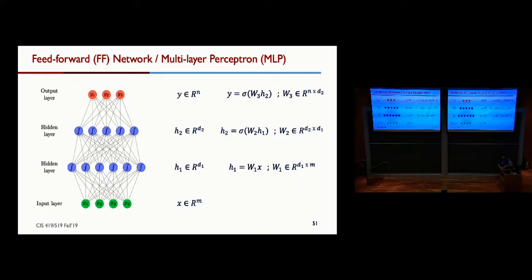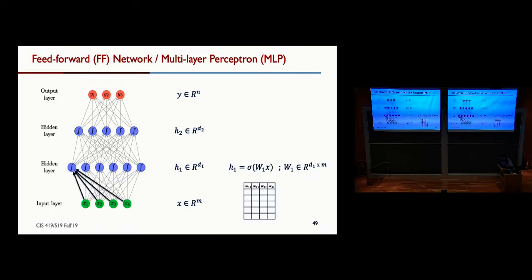Is that clear? Maybe this would help. The first row has 4 elements in it, which correspond to connections from x1, x2, x3, and x4 to whatever h11 is. Similarly, the columns are these.